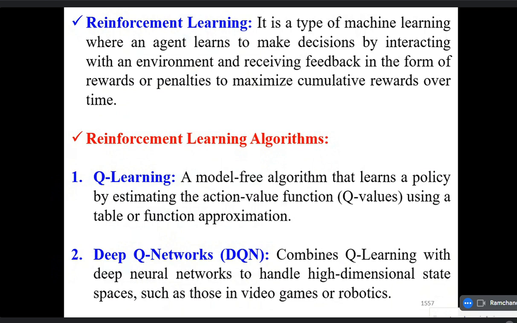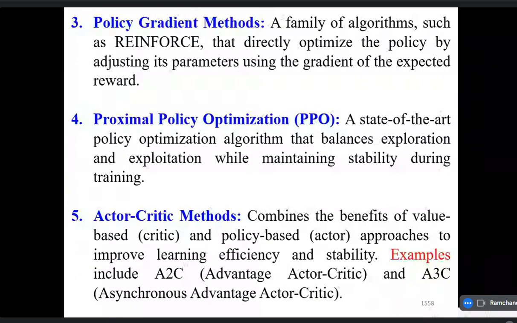It combines Q learning with deep neural networks to handle high dimensional state. That means the number of columns are more, attributes are more, then spaces such as those in video games or robotics. There we are applying DQN.